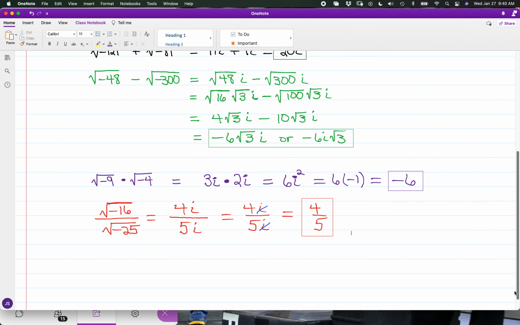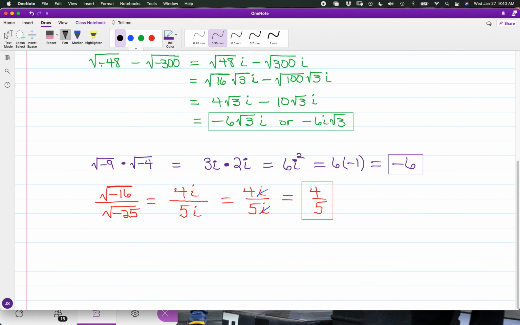Now, in the problems on page 80 that I had mentioned to look into, in the case of number 13, we have taken the product of terms that are expressed as square roots of negatives. So here we have the square root of negative 10 times the square root of negative 5.